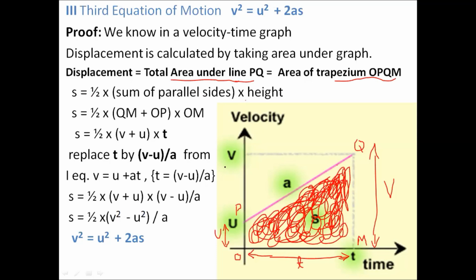In the shaded portion, the parallel sides are QM and OP, and the perpendicular height between the two is OM. It is given QM equals V and OP equals U, OM equals T from the graph. If we replace T by (V minus U) by A from the first equation of motion, then we can get V square equals U square plus 2AS.